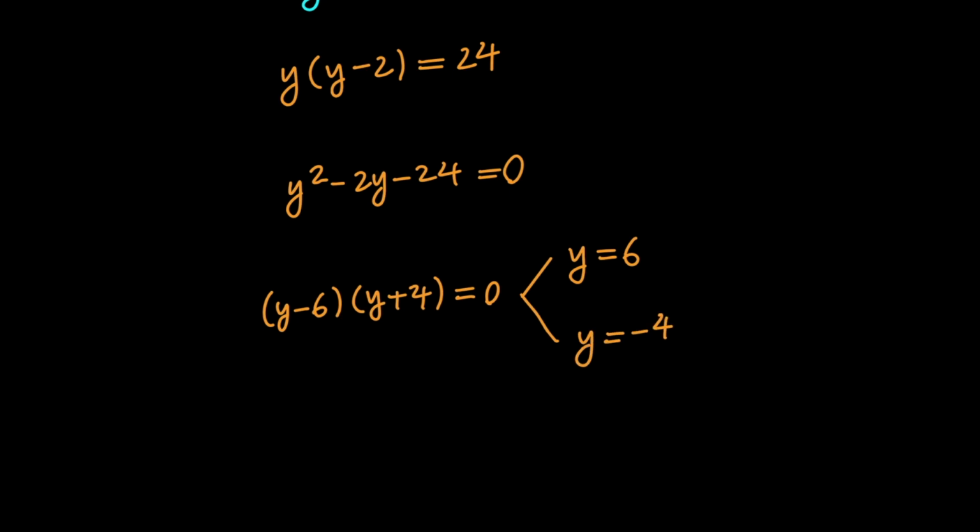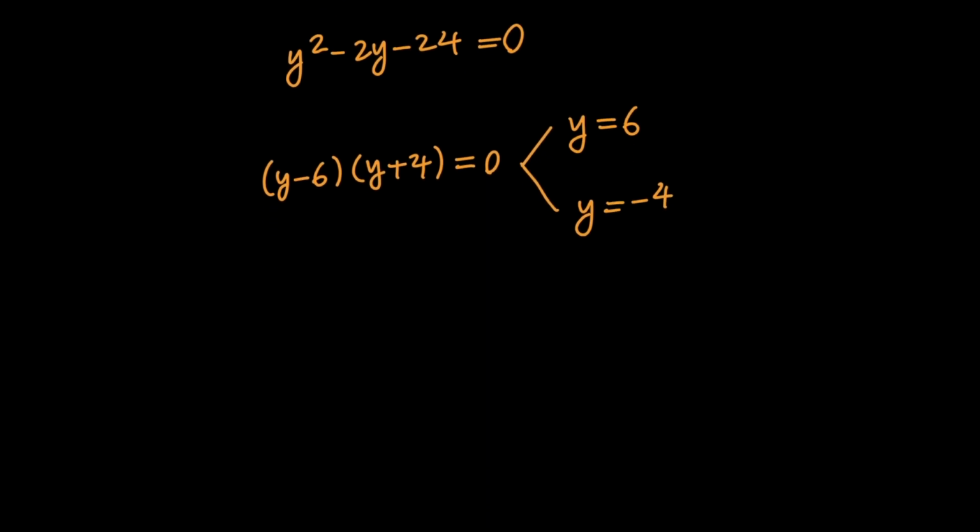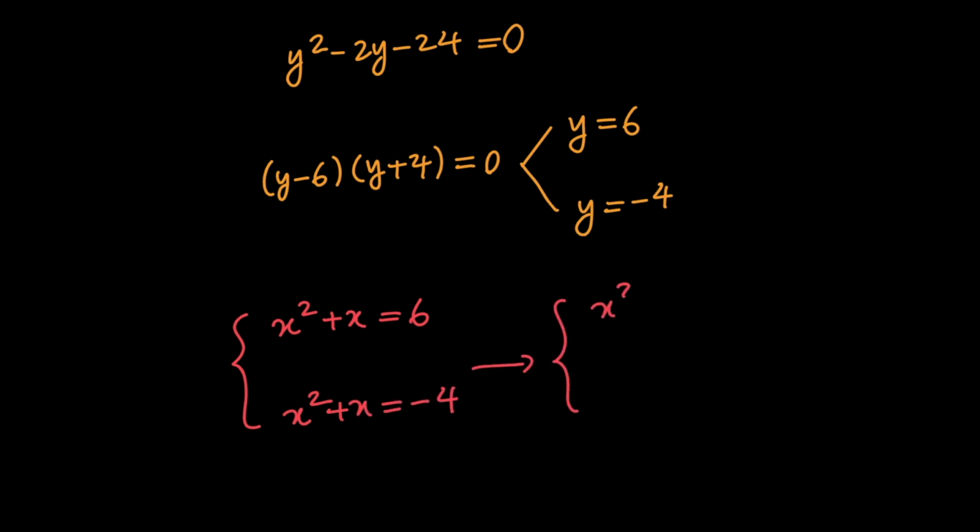Great. Now remember that y is equal to x squared plus x, which means that we have x squared plus x equals 6 or x squared plus x equals negative 4. From this, we can say that x squared plus x minus 6 equals 0 or x squared plus x plus 4 equals 0.